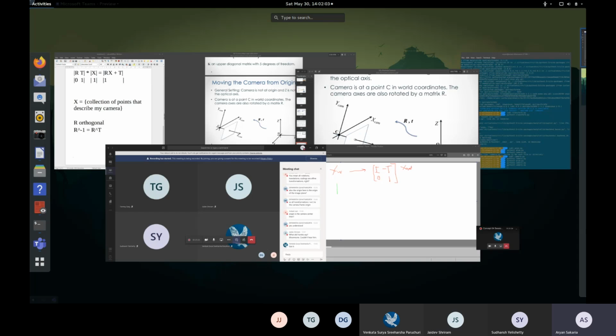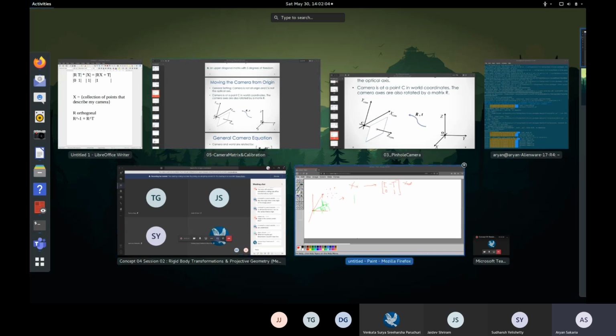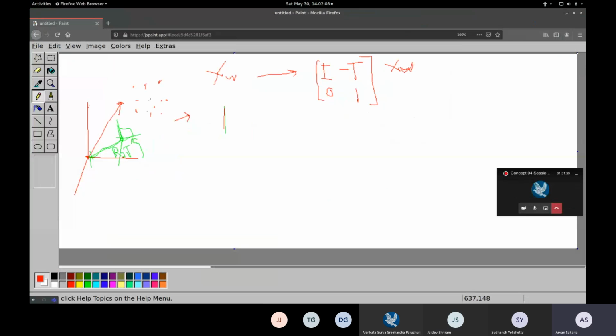Got it. Okay, fine. So what happens now is, this is my nice little world frame, and because everything is translated back, there's no rotation yet. There's just some translation, and I applied this translation to all these tiny little points also, so they're also translated a little bit back.